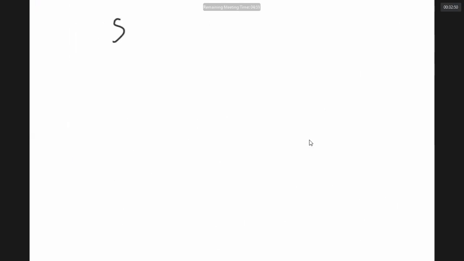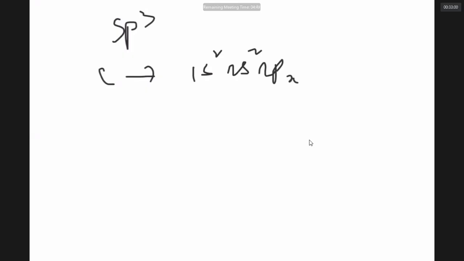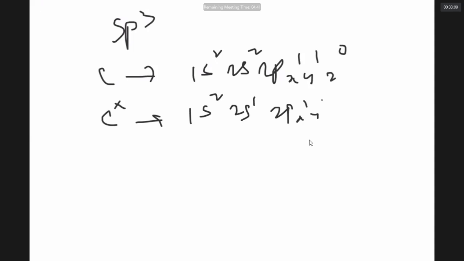Next, sp3 hybridization. Carbon you can see has 1s2, 2s2, 2px1, 2py1, 2pz0. Excited carbon 1s2, 2s1, 2px1, 2py1, 2pz1.